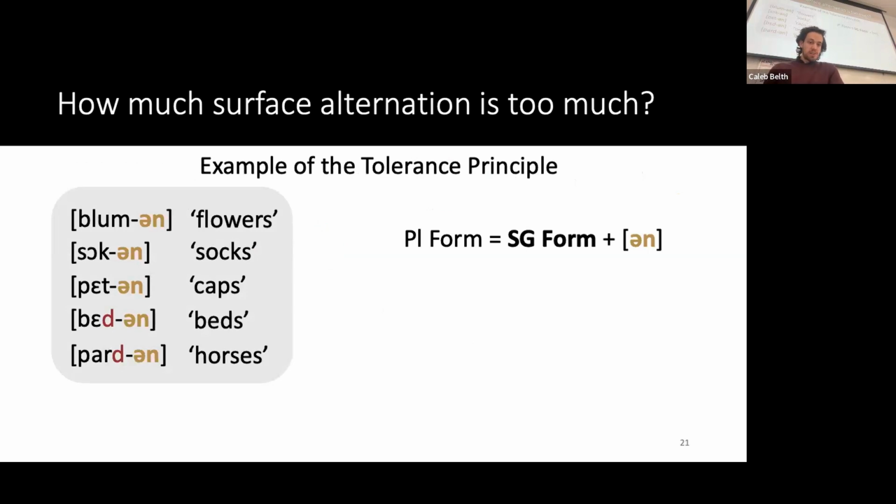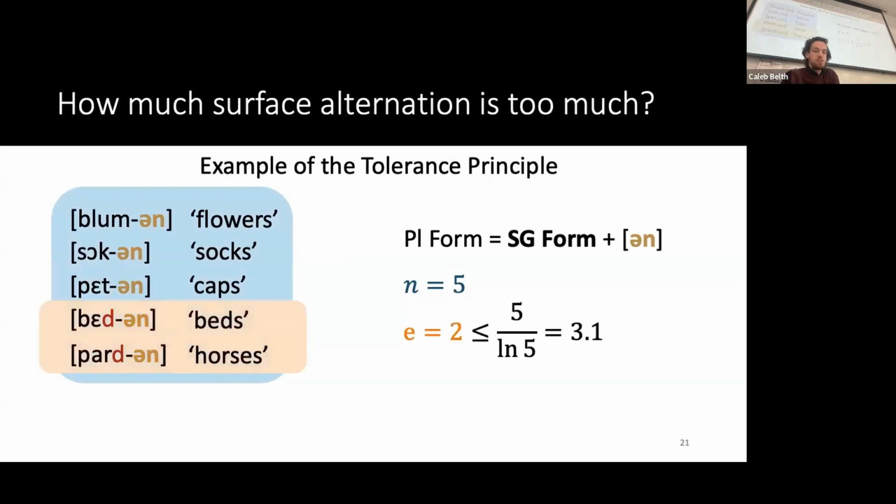But I want to first give an example of it. Suppose we have the generalization plural form equals singular form plus schwa n that we've been using as a toy example. Over these 5 nouns, the rule makes 5 predictions. So N is equal to 5. But 2 of them, because of the alternation, are exceptions to the generalization because they add schwa n and there's a voicing difference.